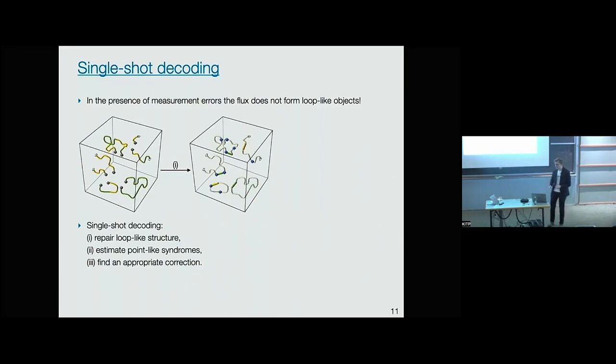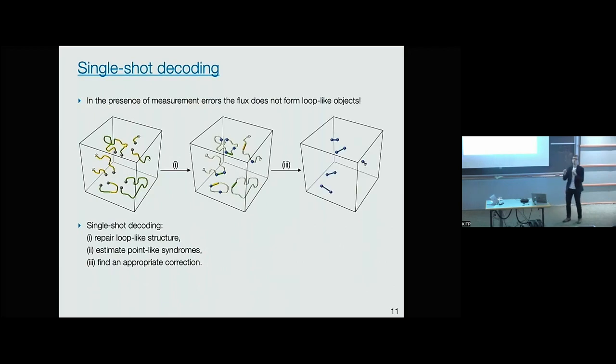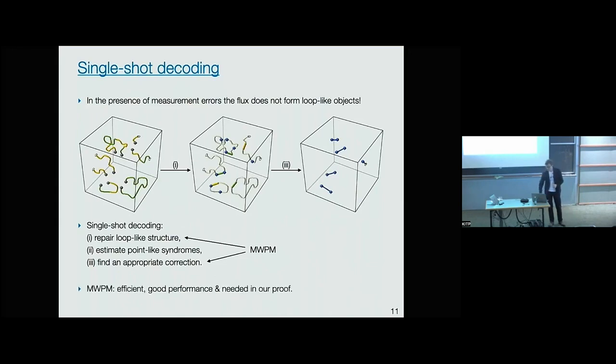And then in the third step, you use this point-like syndrome to find an error correction in the same way as you would do in the 2D toric code. Interestingly, both steps 1 and 3 can be solved efficiently with the minimum weight perfect matching algorithm. If we choose the minimum weight perfect matching algorithm, we get good performance. It's efficient, but it's also needed in our analytic proof. So this is the sketch of how single-shot decoding works.